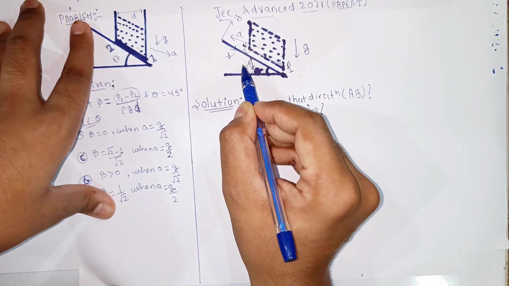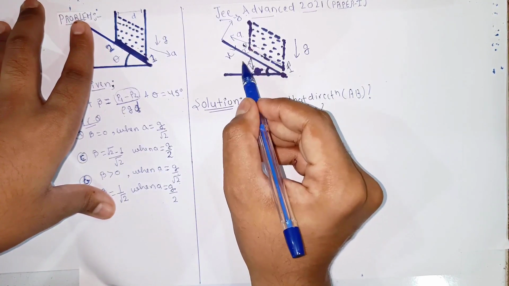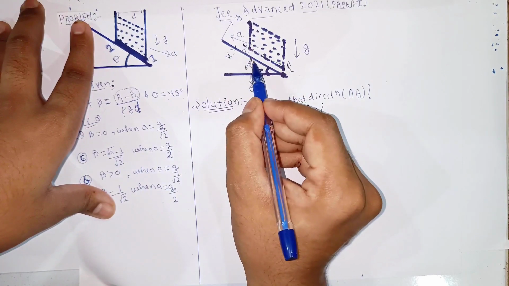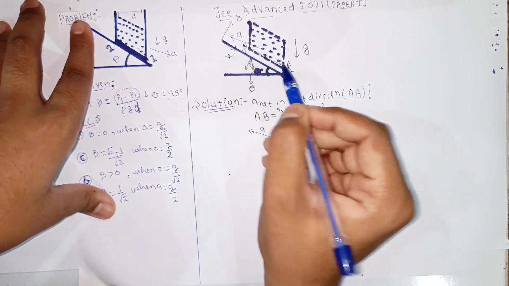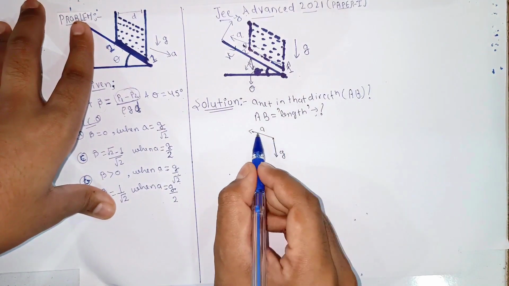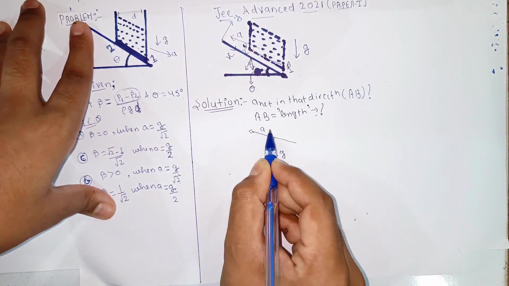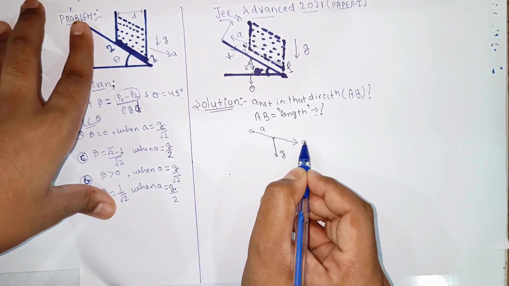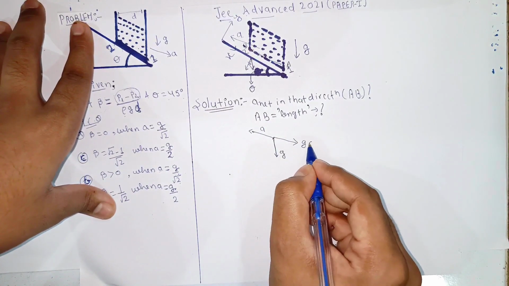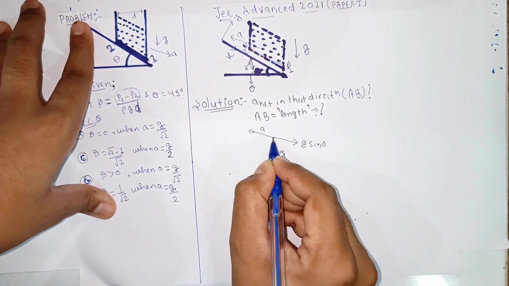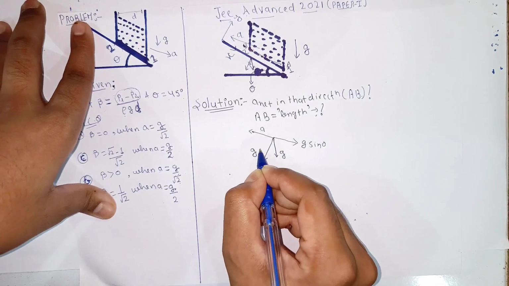So G cos theta will be the component perpendicular to the plane, and G sin theta will be along the incline, meaning along this acceleration direction. This will be G sin theta, and the perpendicular component will be G cos theta.